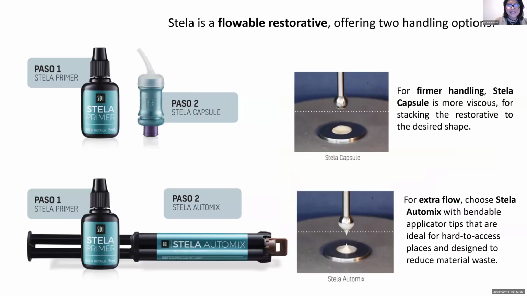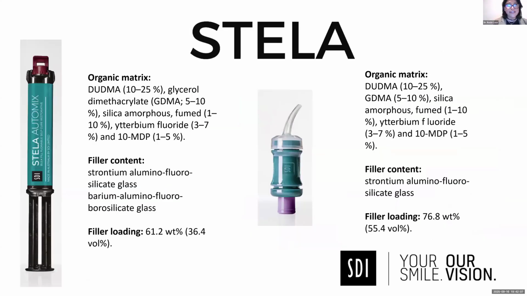Okay, this is Stella. You have a Stella capsule and a Stella syringe. The difference is not only the presentation. The difference is that Stella Automix is more flowable than Stella capsule, and Stella Automix gives you 1.5 minutes to work, and Stella capsule less.